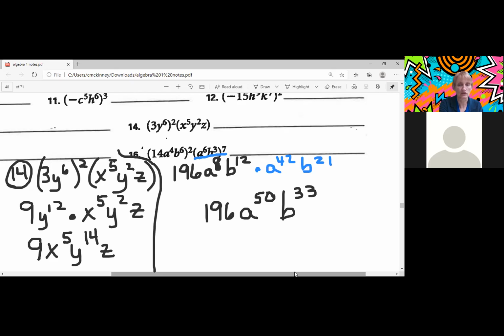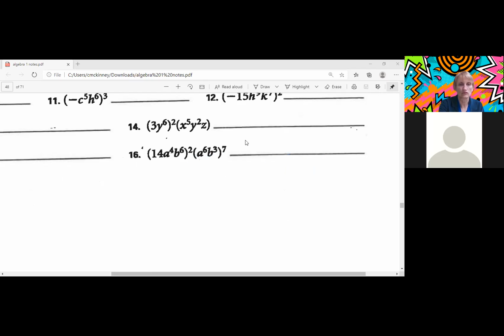You can snap a picture of that to let me know, or in iExcel, that lesson is not Y2. That lesson is Y5 actually. So that lesson is Y5 on powers.